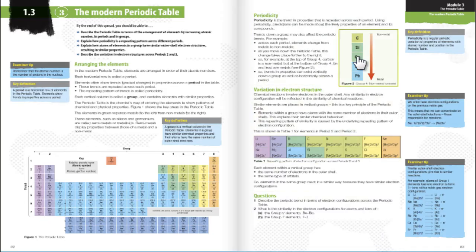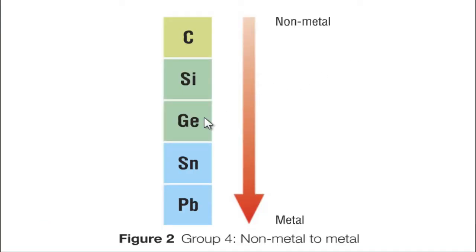So if we look at this picture, gradually as you work your way down group 4, it turns from a non-metal, a covalent compound, carbon, all the way down to a metal, lead.